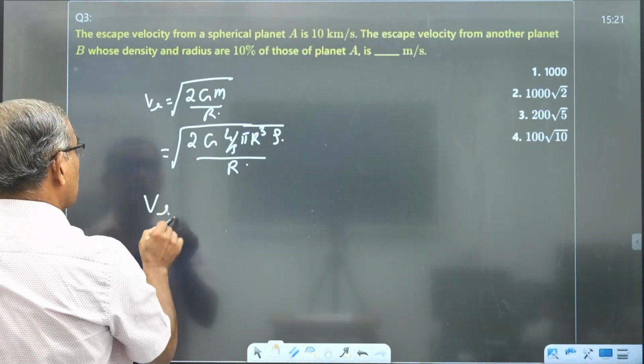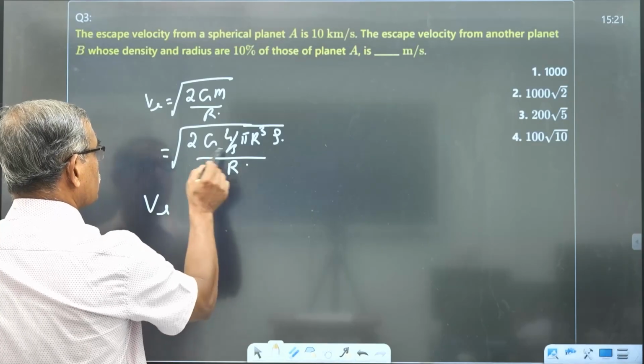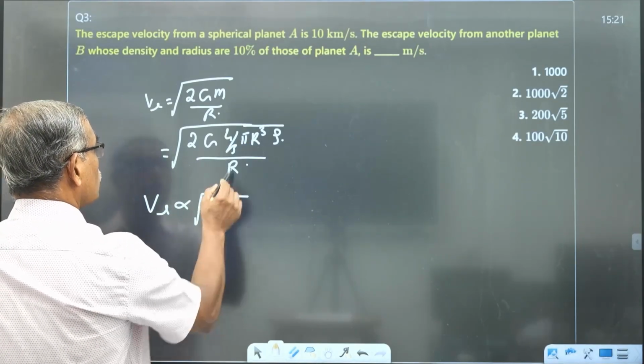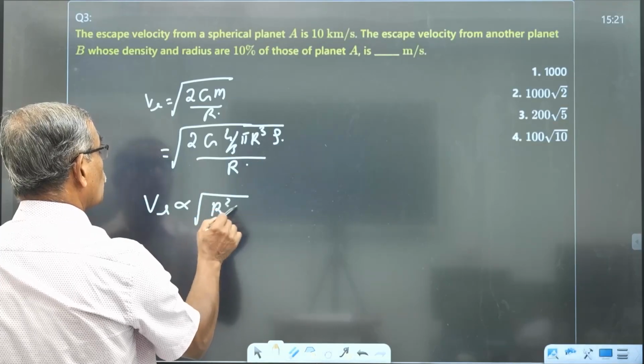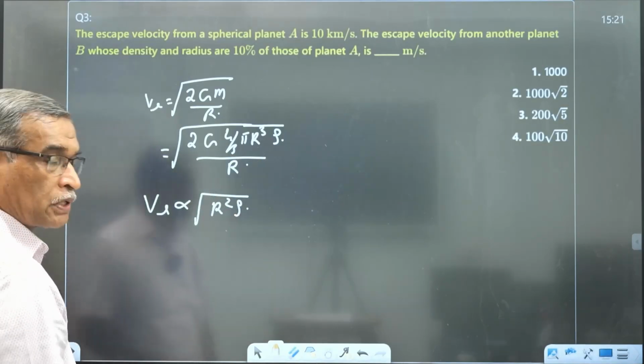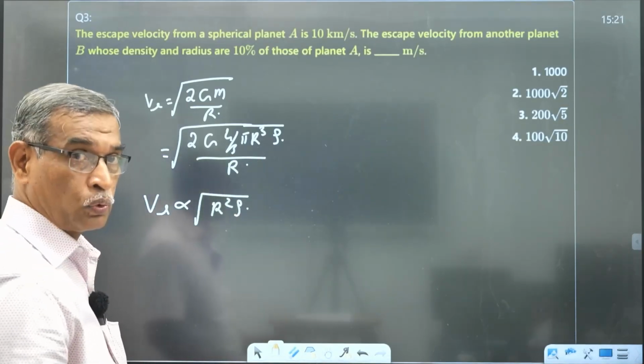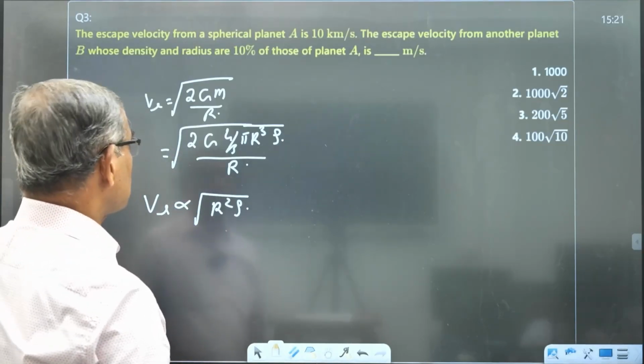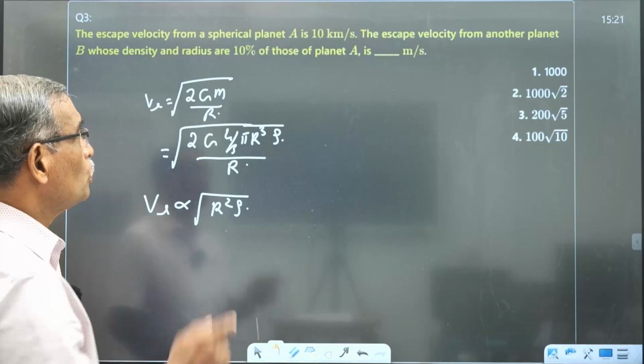Therefore V escape, these are constants, R cancels out, and you can say it is proportional to root of R squared rho. Escape velocity depends on R squared rho. Then, in our first case, R is R, rho is rho.